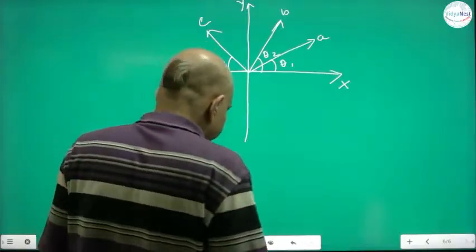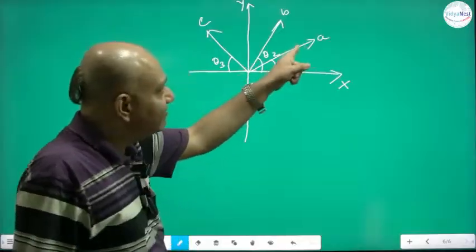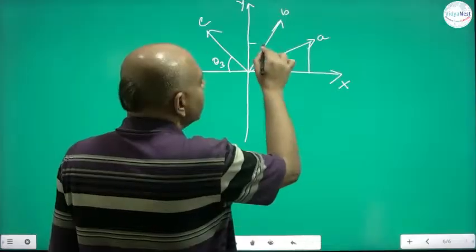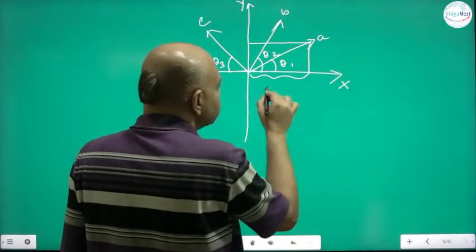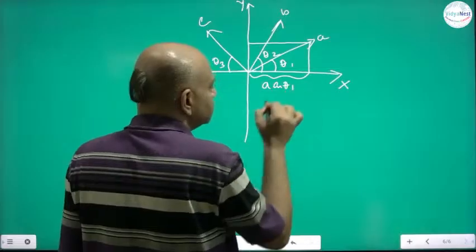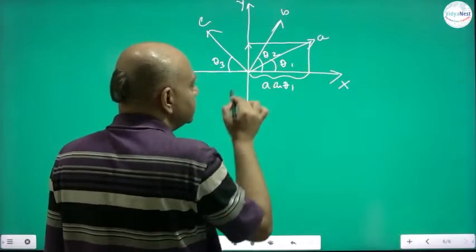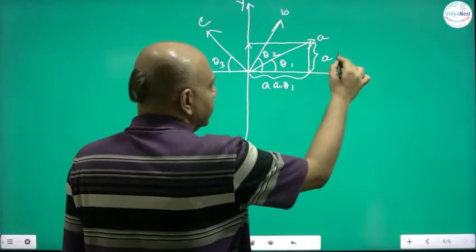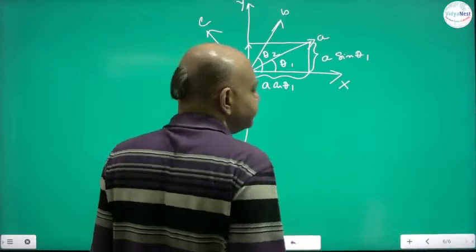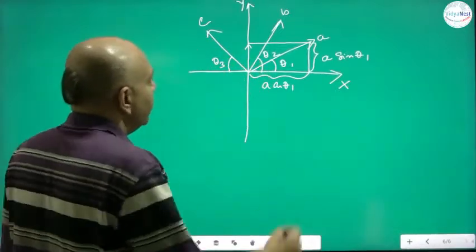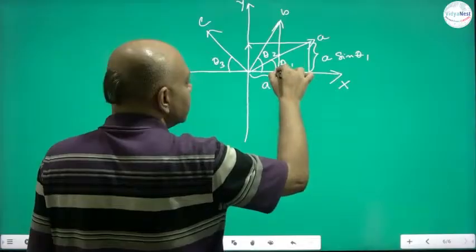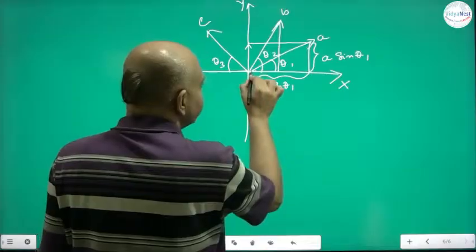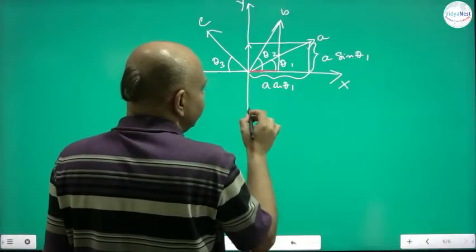Now Saurabh, if I split the vector A into two parts, what will be the two components? This component is A cos theta 1, and this component is A sin theta 1, isn't it? Right. Now if I split B, this length, marked in red, what will be the value?